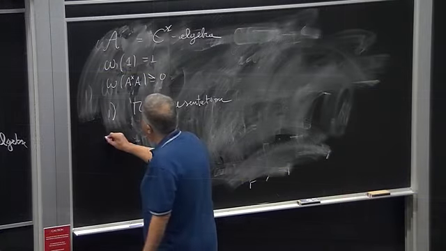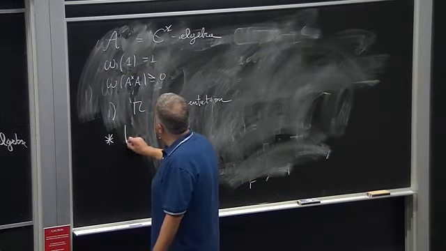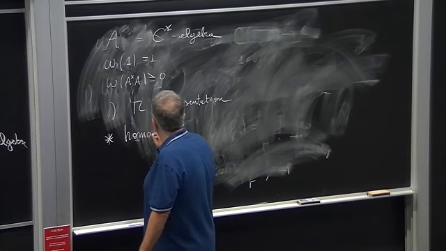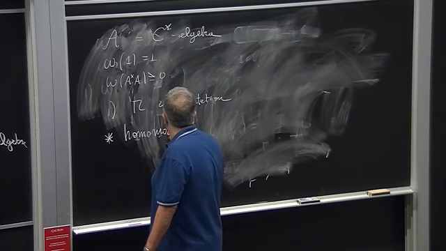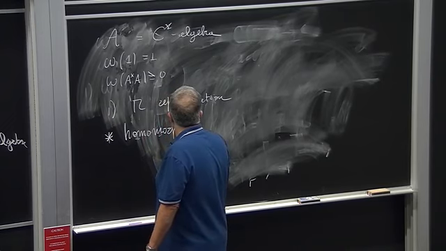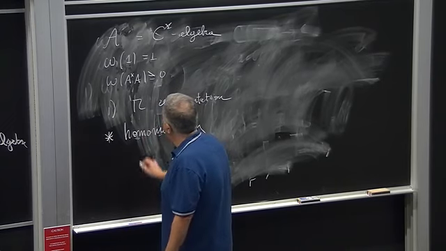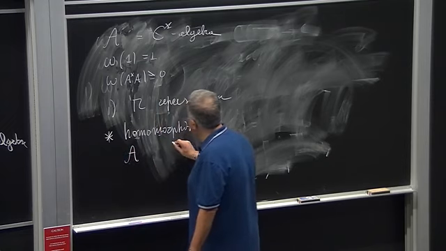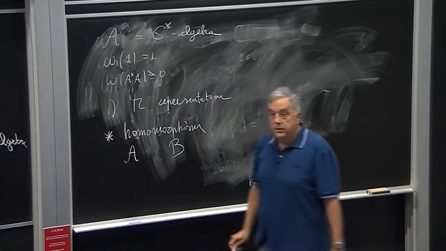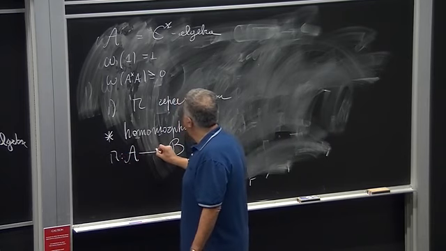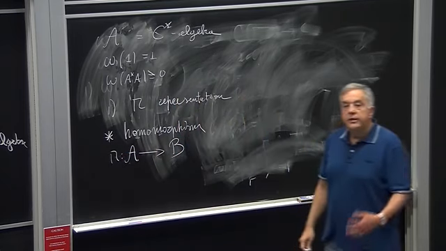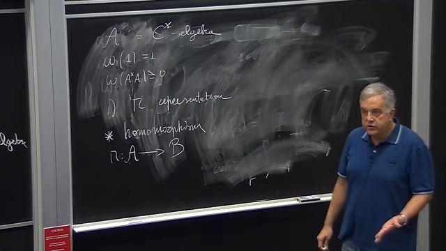So let's say a few words about the names. A star homomorphism between an algebra A and an algebra B is a map P from A into B that respects the algebraic structures.